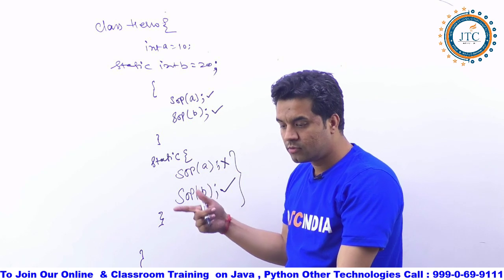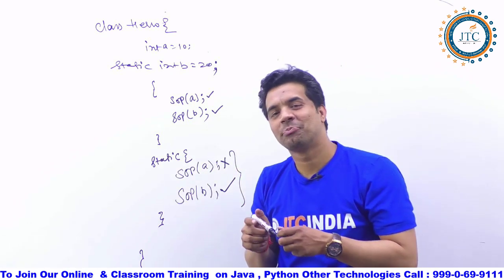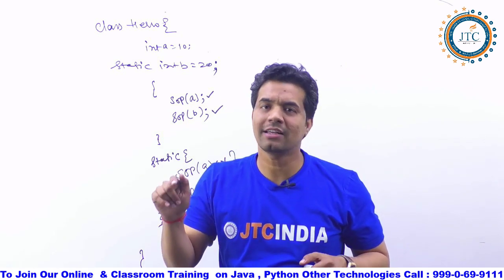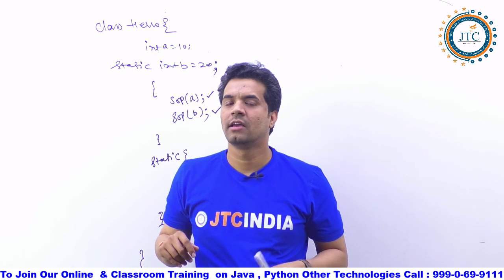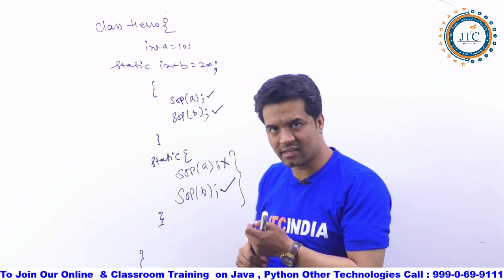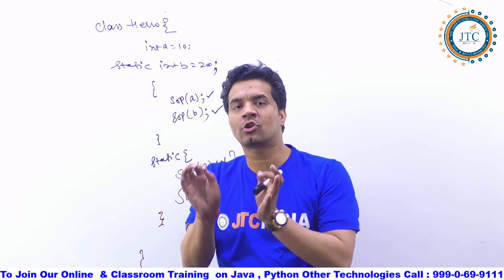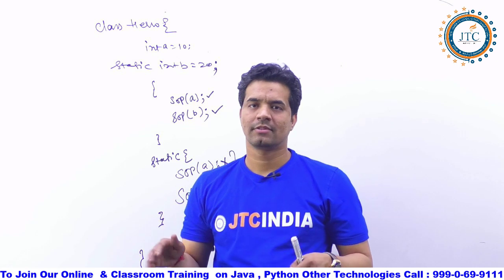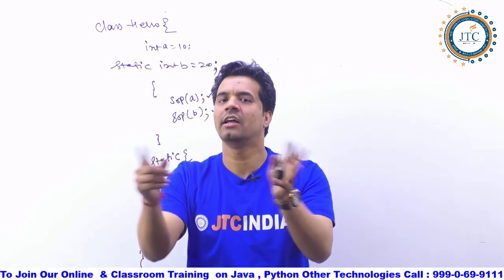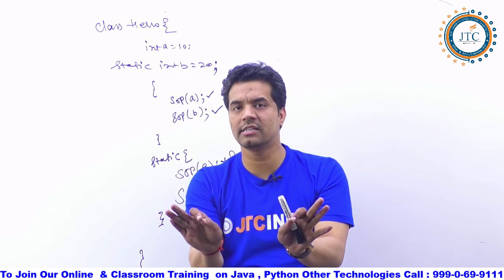Fine? Now I'll conclude this: what is that, an instance variable of a class? An instance variable of a class can be accessed inside the instance context only, and that too directly. Indirectly it can be accessed anywhere. What is the meaning of direct and indirect? I will come to that point, correct? So understand it, guys.